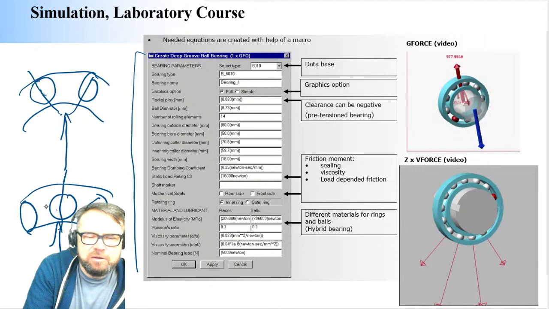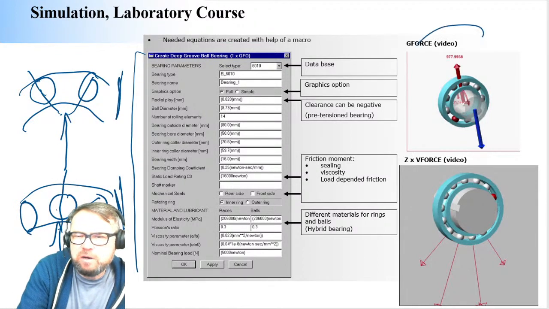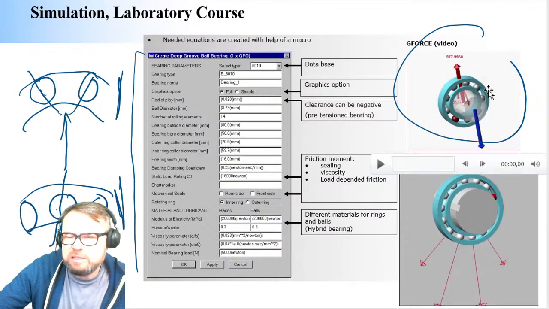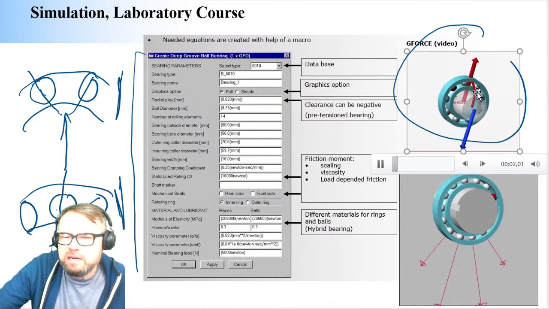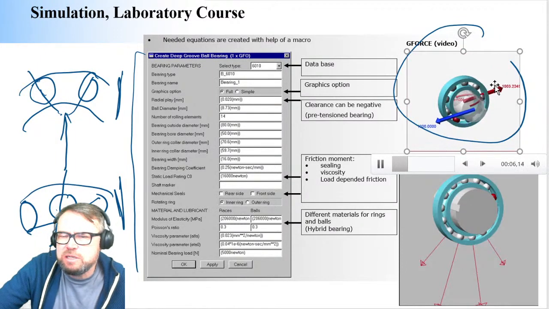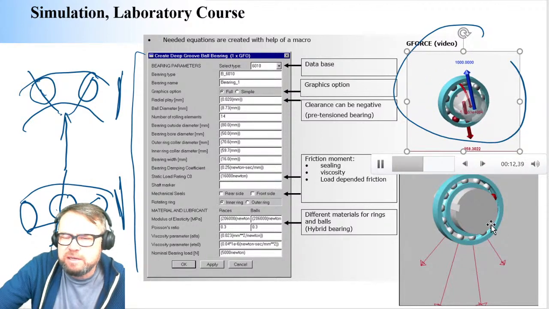So this scenario is different. This one here is different than this one. That's why in this animation, this reaction force is fluctuating all the time. I don't see the numbers so well, but you see that it's not a constant value, it's changing, and that's because of the ball positions.